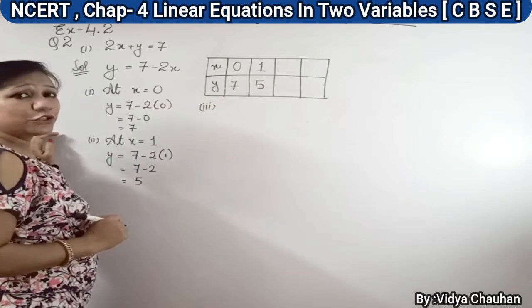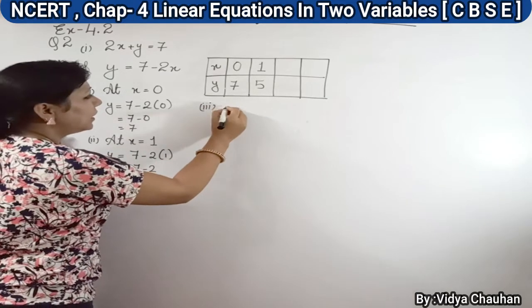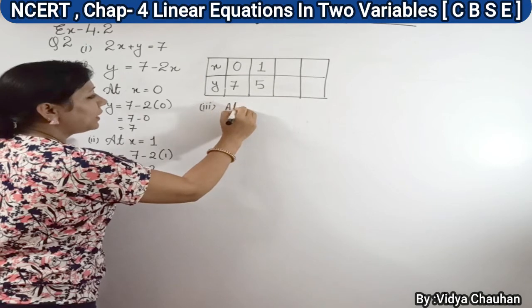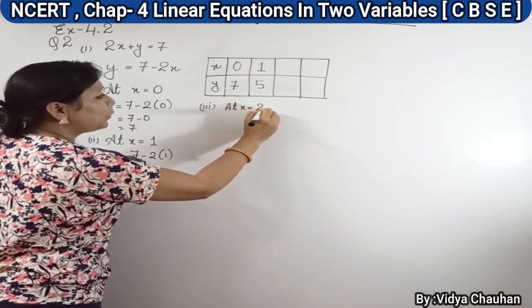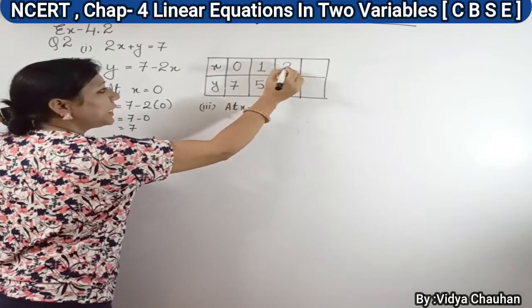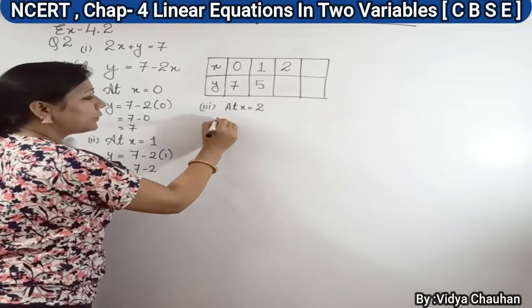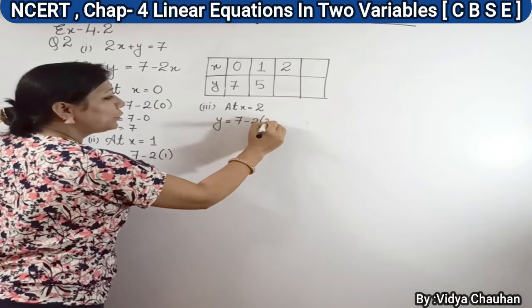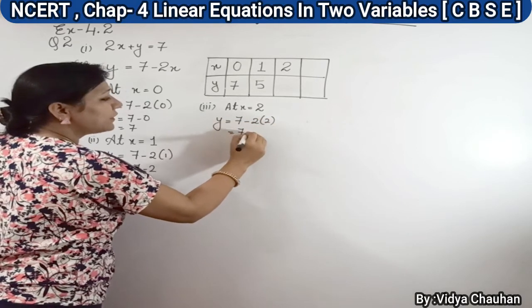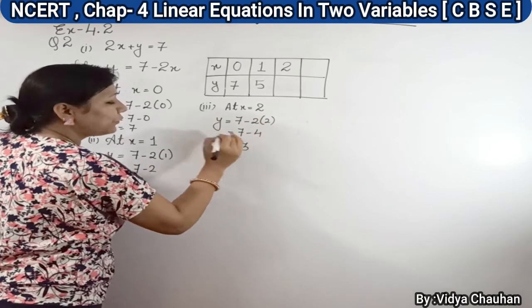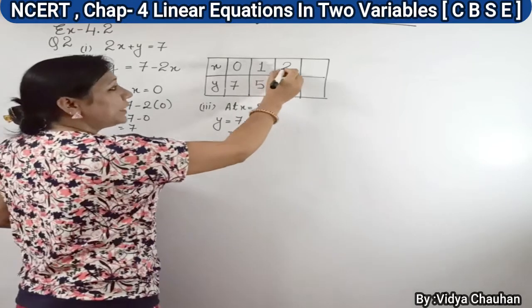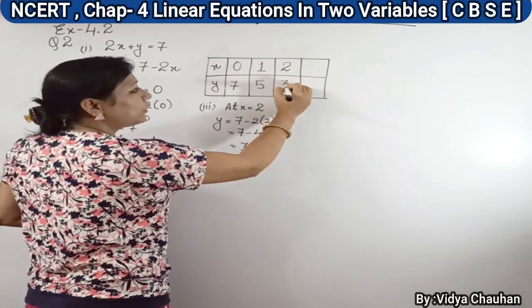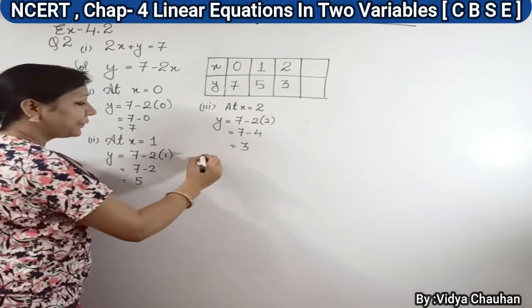Now for our third solution, I choose x equals 2. So y will be 7 minus 2 multiplied by 2. So 7 minus 4, value of y is 3. So when x equals 2, value of y is 3.